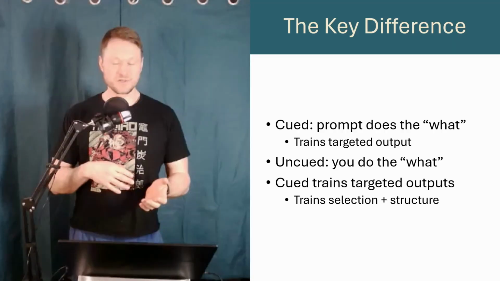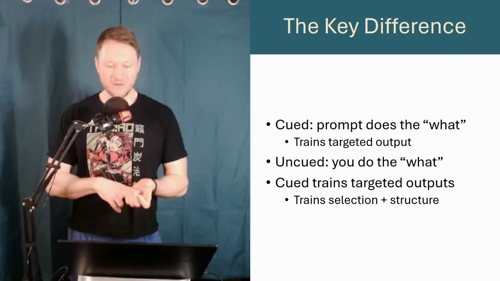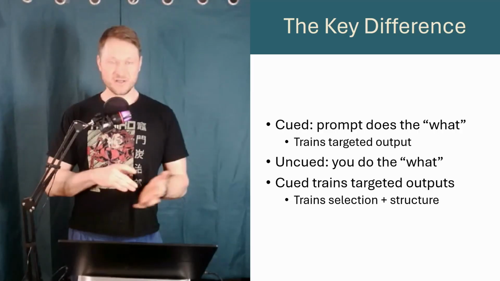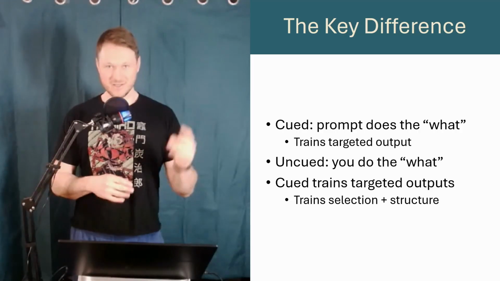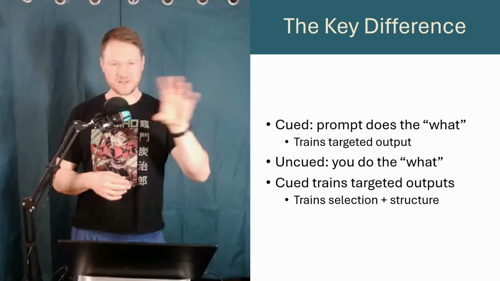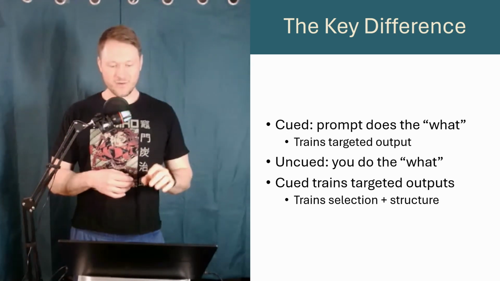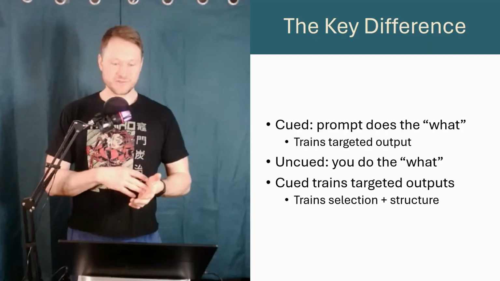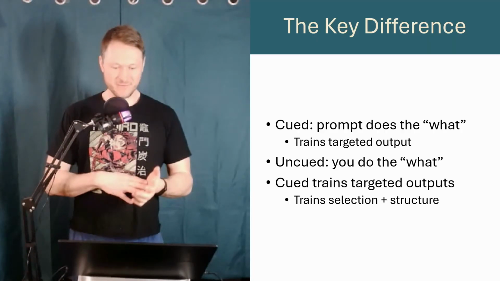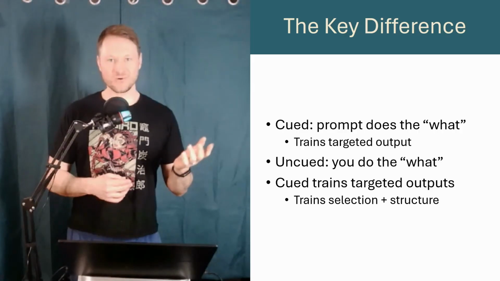And the difference between the two, cued and uncued retrieval, is that in the cued, the prompt is doing the what. It's training you to reach an output. So you get a multiple choice exam, you read the prompt or the question, and it's pointing you to the right answer. When we're doing uncued study or uncued training, we have to determine the what. We determine what is important, why it's important, how it relates.